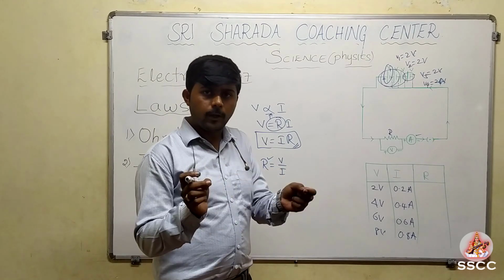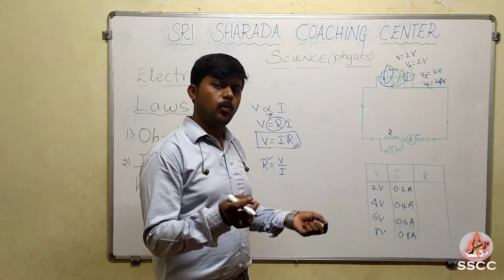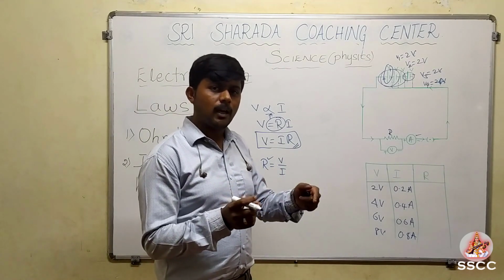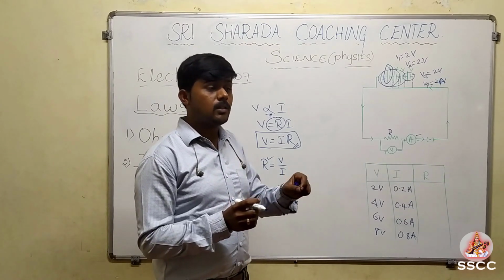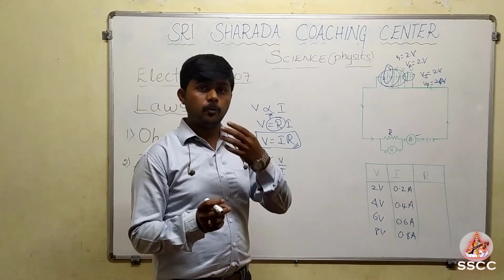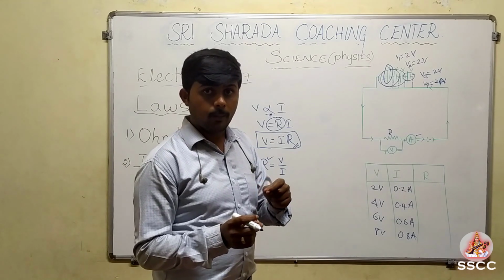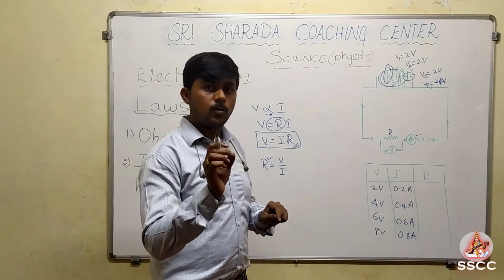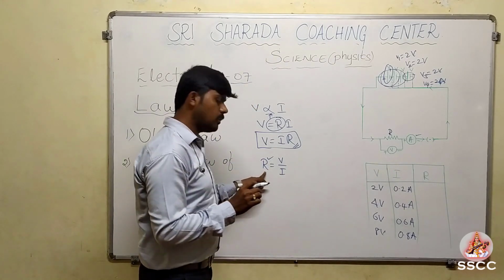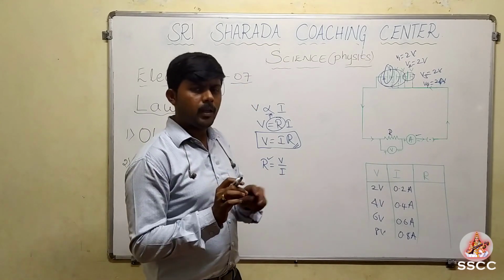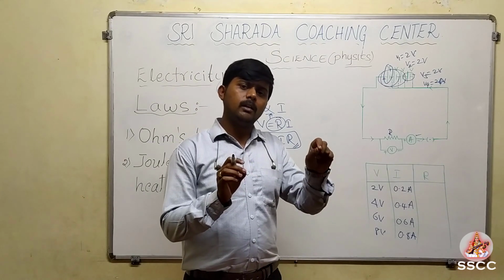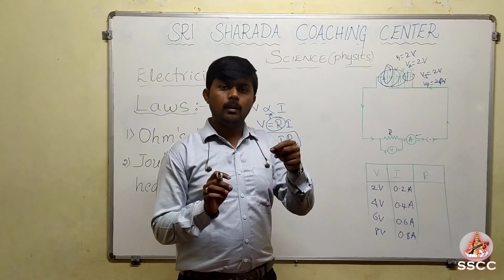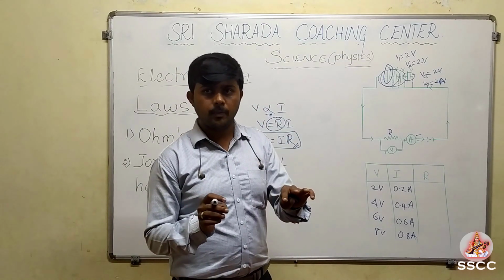If you are considering a wire having the length 1 meter or 2 meter, whatever it may be, it has its own resistance. Means it is not allowing all the current to pass through it. It is opposing some amount of electric current there. That is called the resistance. Here we have the resistance, and it is constant. It is constant means if you are increasing the current in the wire, the resistance of that wire won't change.